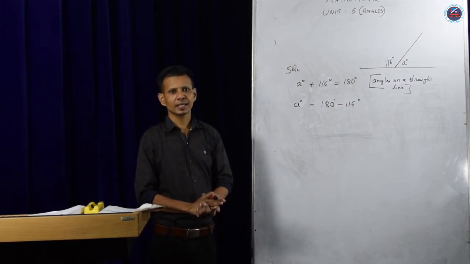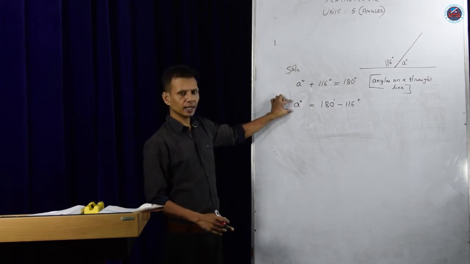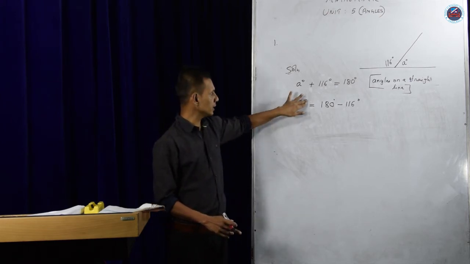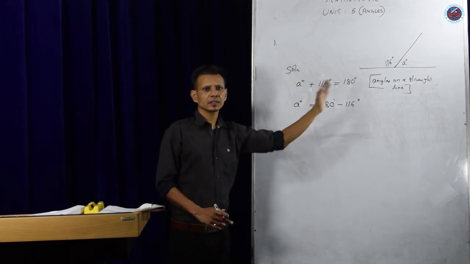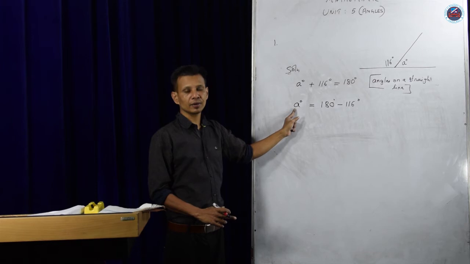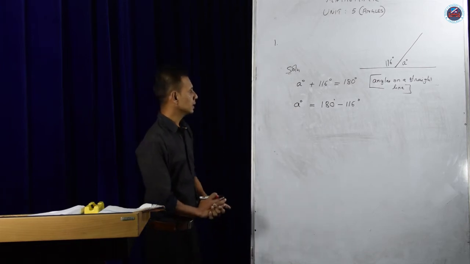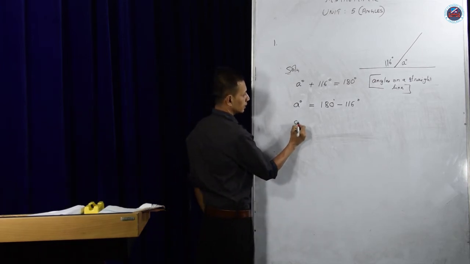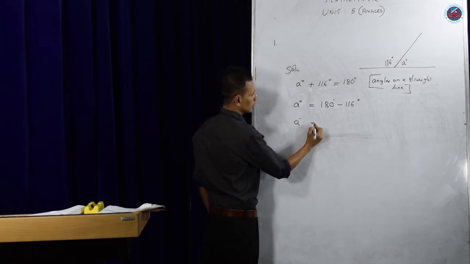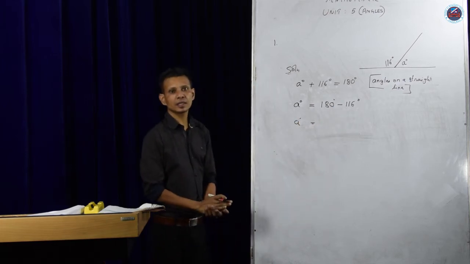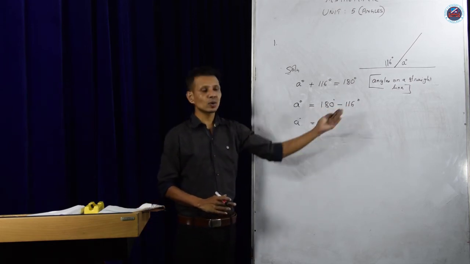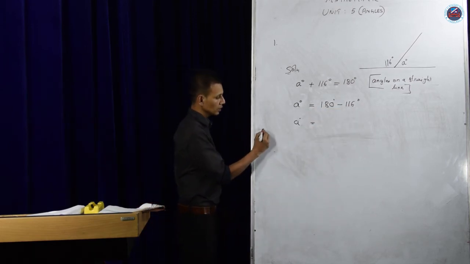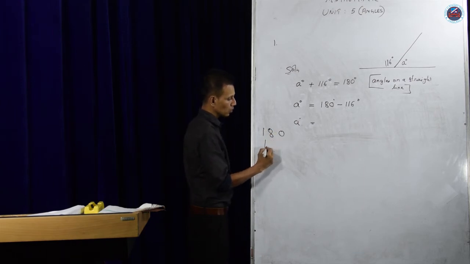Why am I doing that? I'm searching for A. So I don't want anything out here. I want to take everything to my right hand side. Then only I will get A, right? Now, A equals 180 minus 116. That's your answer. So simple. Let's do it. 180 minus 116.